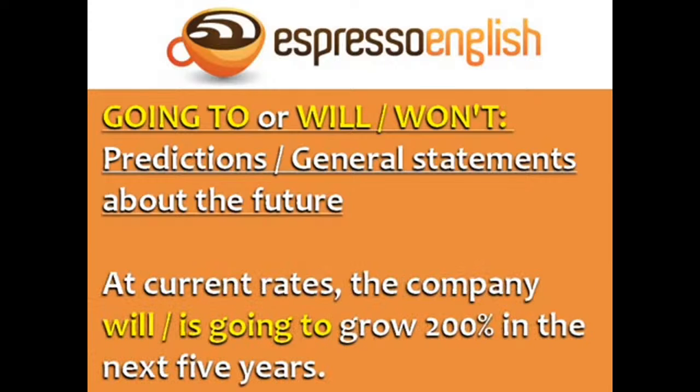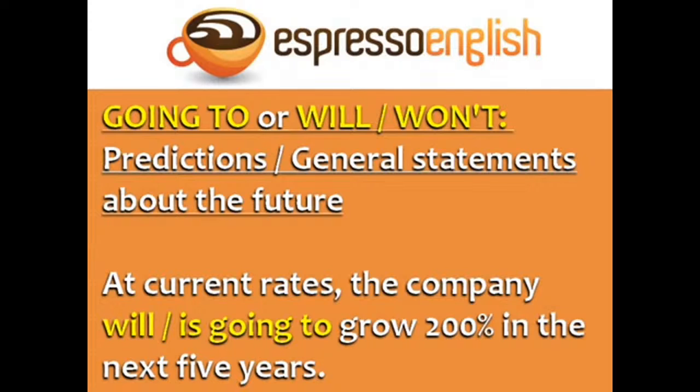Here's another example. At current rates, the company will grow 200% in the next 5 years. Or, at current rates, the company is going to grow 200% in the next 5 years. In the case of predictions or general statements about the future, you can use either going to or will or won't.